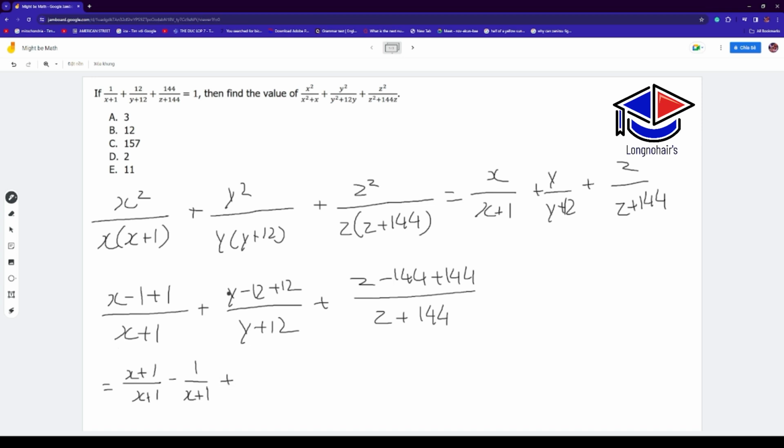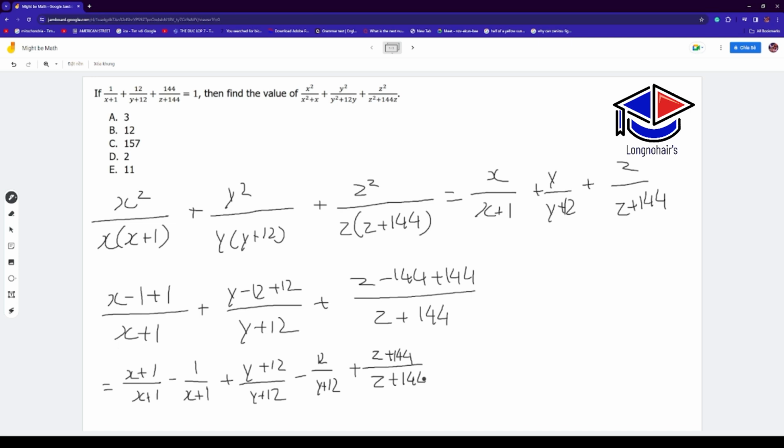Same thing with y minus 12 plus 12. You get y plus 12 over y plus 12 minus 12 over y plus 12. And same thing for z.